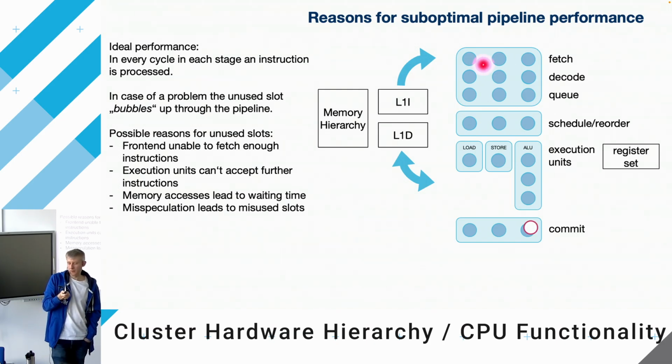If this happens at the front end, it goes through the complete CPU pipeline, but it could also happen in other stages. For example, in the schedule stage, if we have a lot of divisions, then the CPU pipeline may have to stall, and bubbles are created because we have to wait until there are free execution units.